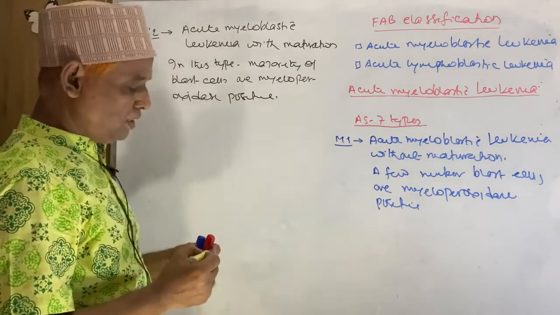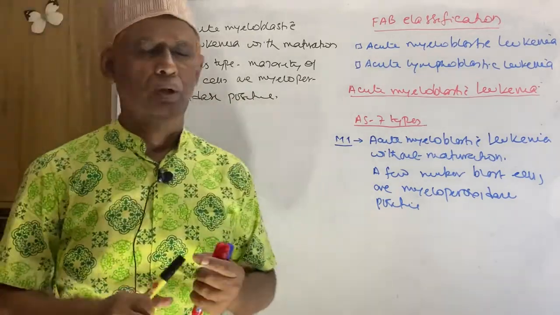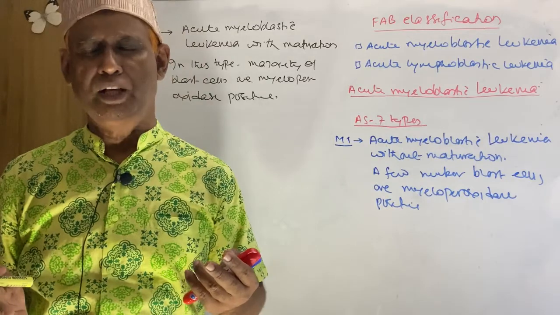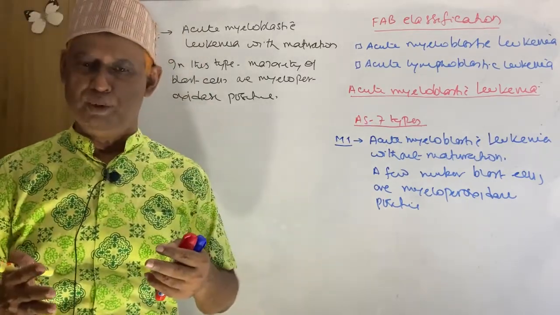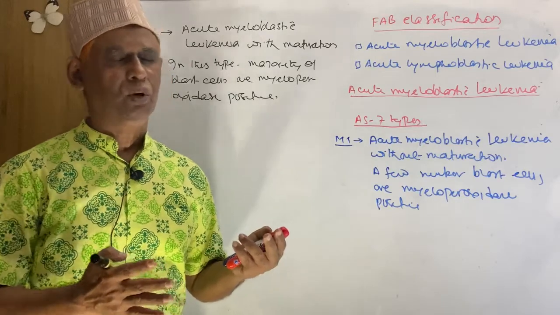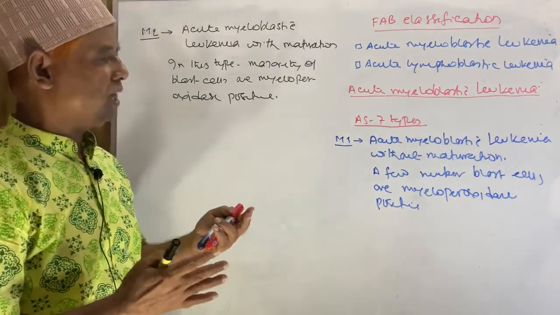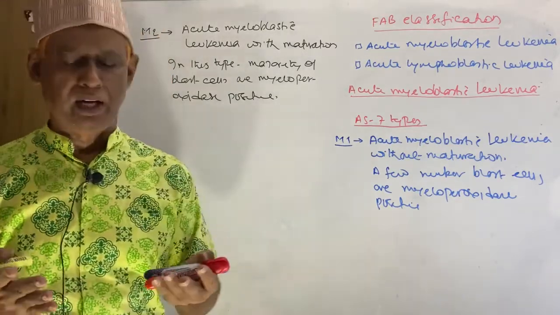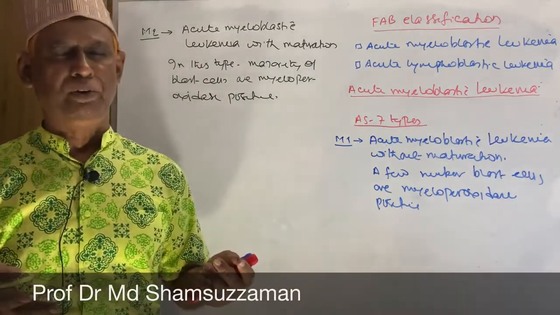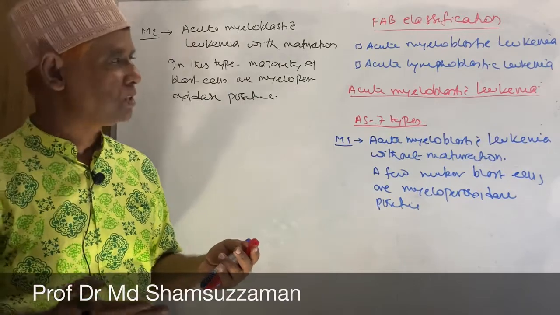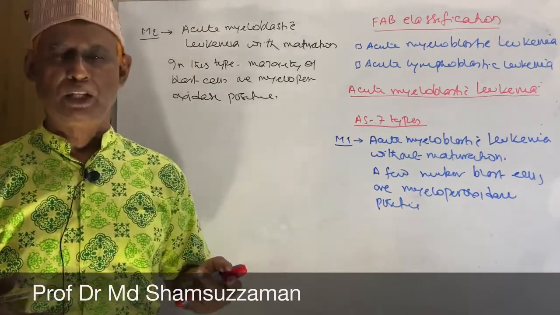Dear audience, one thing is important. We know there is lymphoblast in case of lymphoblastic leukemia, there is myeloblast in case of myeloblastic leukemia. We can identify a myeloblast or a lymphoblast under microscope after staining. And there is another tool to differentiate myeloblast from lymphoblast.